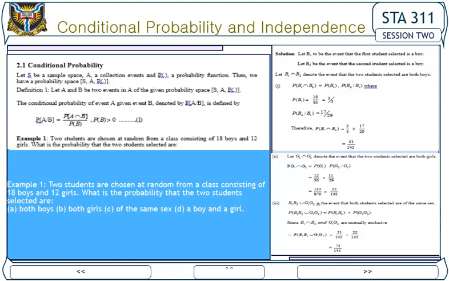P(B1∩B2 ∪ G1∩G2) is equal to P(B1∩B2) plus P(G1∩G2), since B1∩B2 and G1∩G2 are mutually exclusive. Therefore, the probability that the students selected have the same sex is equal to 73/145.